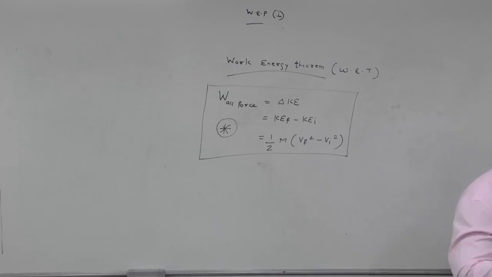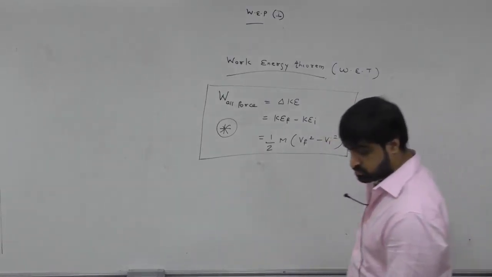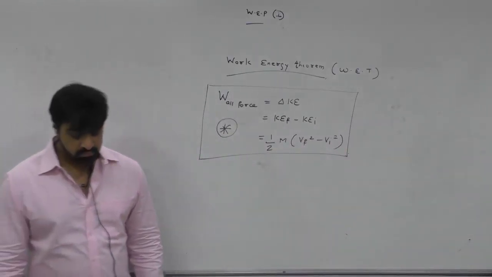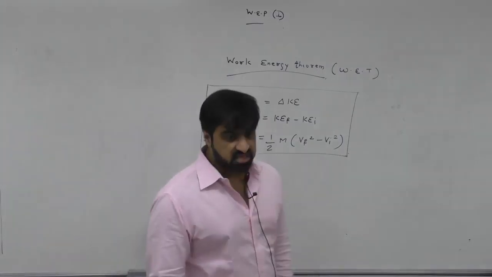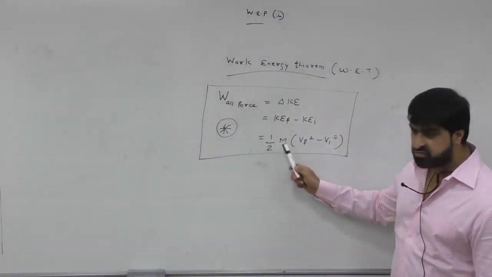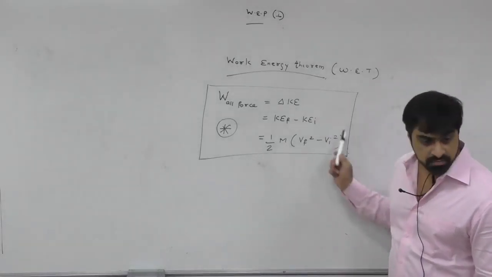Never write initial minus final. Second point. If initial velocity is 0, then work done by all forces will become half m v square only, because initial is 0.